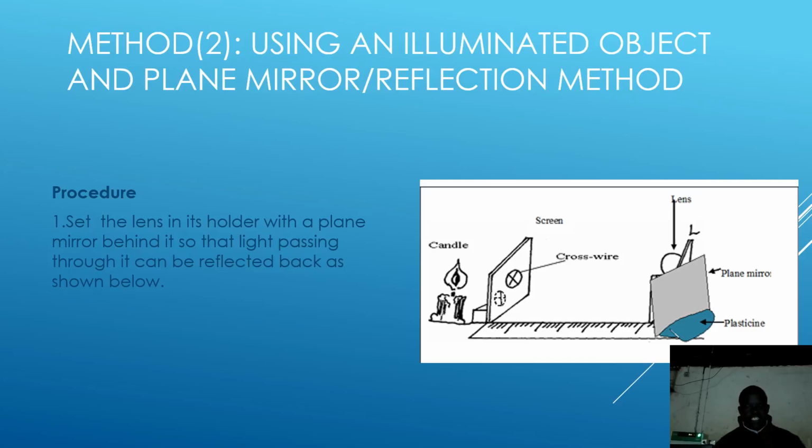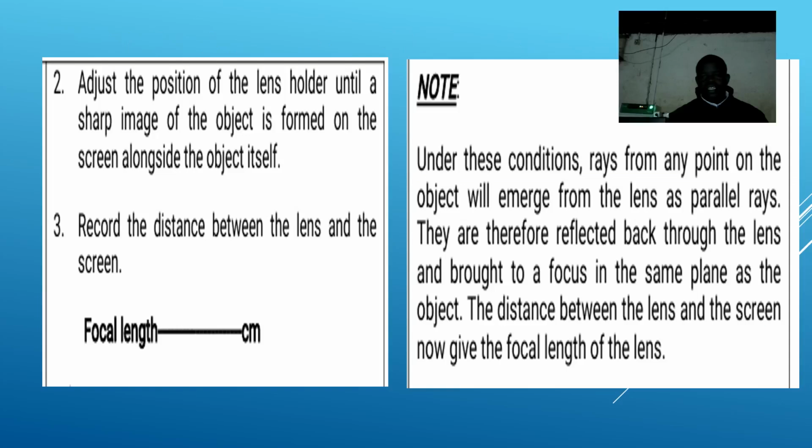So the procedure here is you set the lens in its holder with a plane mirror behind it so that the light passing through it can be reflected back as shown. So you can see this diagram. We have the candle there, we have the screen with cross wire, and then we have got the mirror put behind the lens.